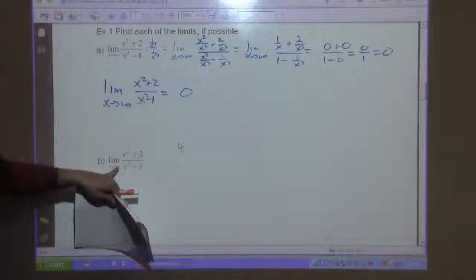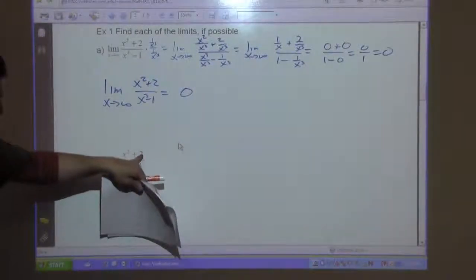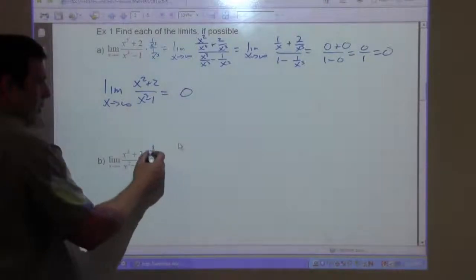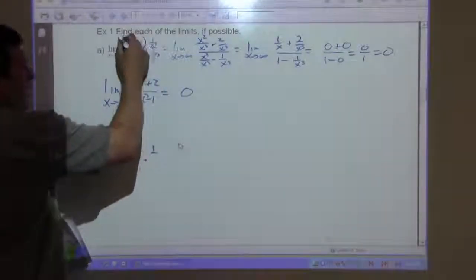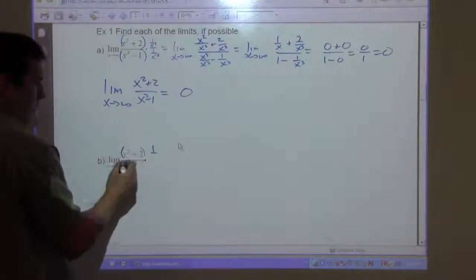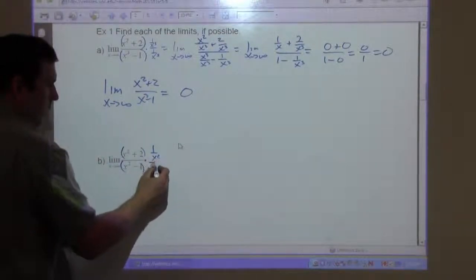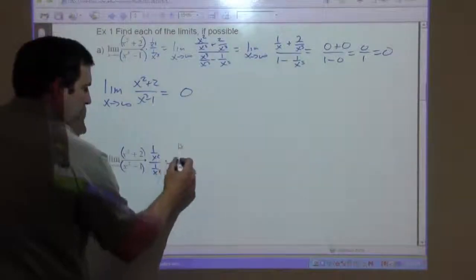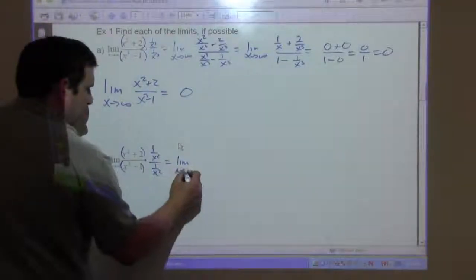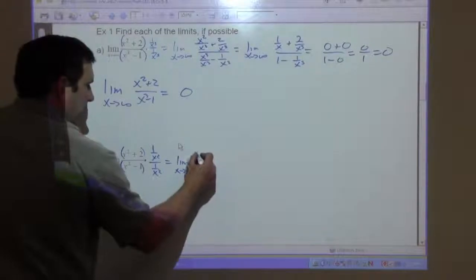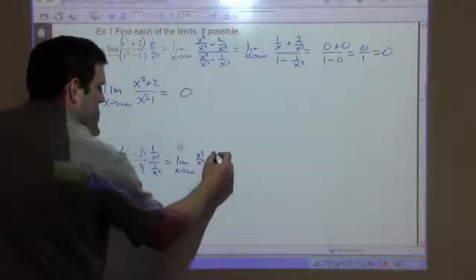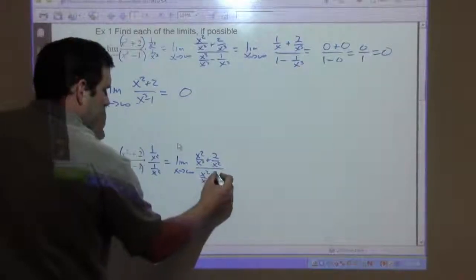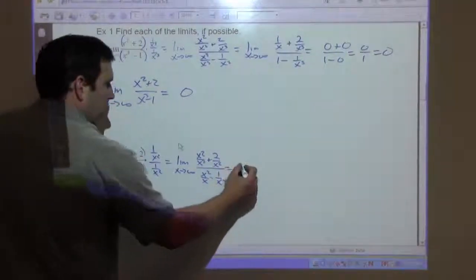Now let's look at the next one. We have the limit as x goes to infinity of x squared plus 2 over x squared minus 1. You might be able to guess this if you remember your work from pre-calculus. You're going to do 1 over x squared, that's the biggest power on the denominator. That's going to be the limit as x goes to infinity of x squared over x squared plus 2 over x squared over x squared over x squared minus 1 over x squared.